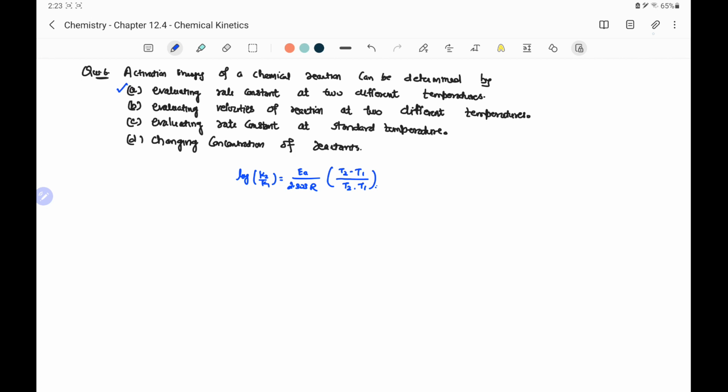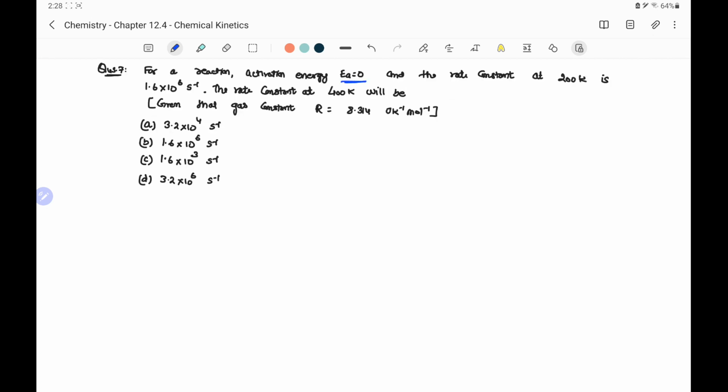Next question is, for a reaction, activation energy EA is 0 and the rate constant at 200 Kelvin is 1.6 into 10 power 6 per second. The rate constant at 400 Kelvin will be. From the Arrhenius equation, we know that log K2 by K1, the ratio of the rate constants at two temperatures T1 and T2, is equal to EA, activation energy, divided by 2.303 R into T2 minus T1 by T2 into T1.